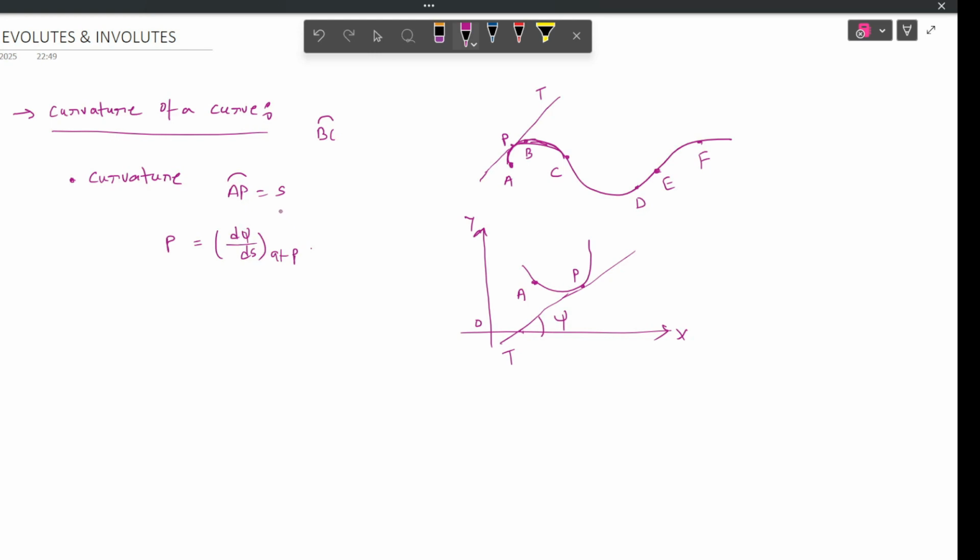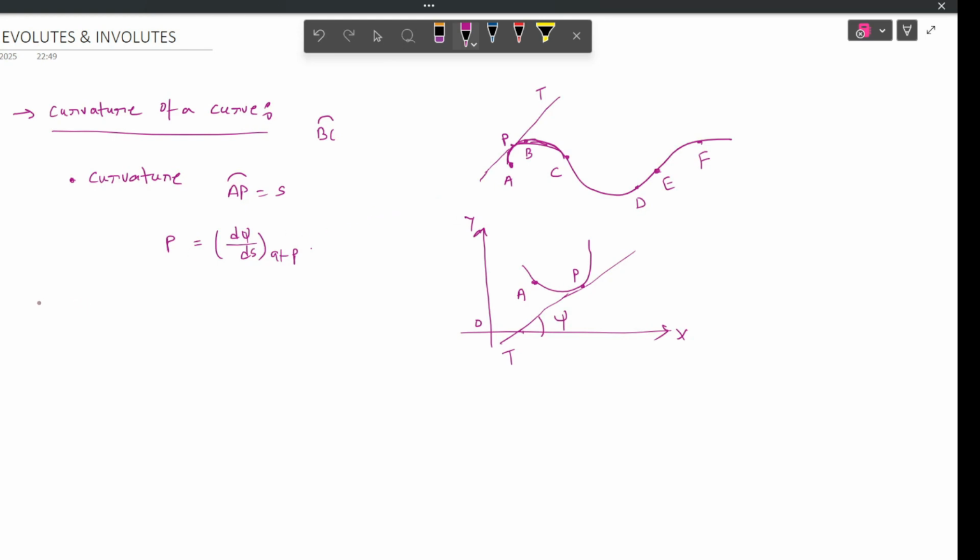The curvature of a curve is denoted by small k. But this definition, though straightforward, is complicated to use if the equation of the curve is given in the Cartesian coordinate system, that is in x, y.